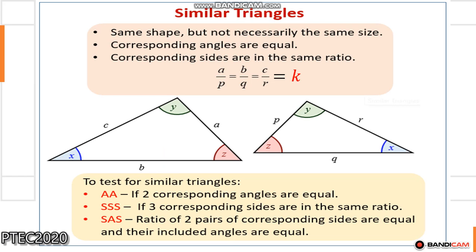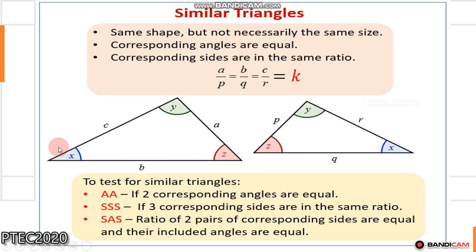So here is the concept of similar triangles. As we already know about the concept of similar figures, similar triangles are the same: the shape is the same but not necessarily the same size. Corresponding angles are equal. Corresponding sides are in the same ratio, where the ratio of the corresponding sides is equal to a constant number labeled as k. For example, in this figure, you may see that the corresponding angle of x is here, x also, and the corresponding angle of y is y here, and z and z here are the same.